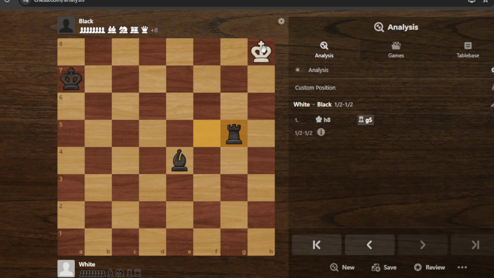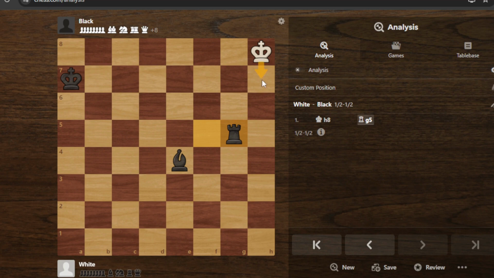Look, the king cannot go out of the board. As I told you earlier, the king has 3 squares to move. The 3 squares are h7, sorry, my bad, I didn't mean to draw it. The king cannot go to here. A knight moves like that.